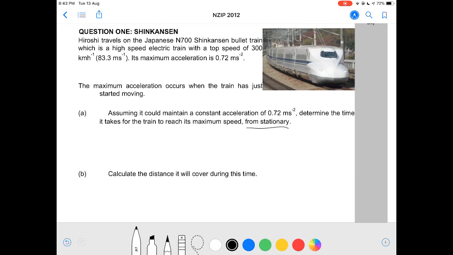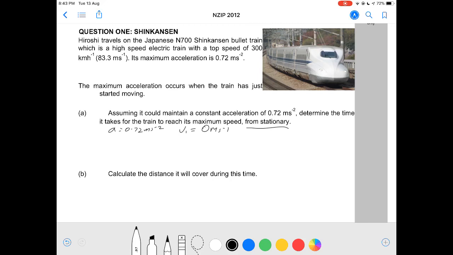So, what we have, we know it's a constant acceleration of 0.72. Okay, and it says reaches maximum speed from stationary, so it's starting from stationary, therefore our VI is 0 meters per second.